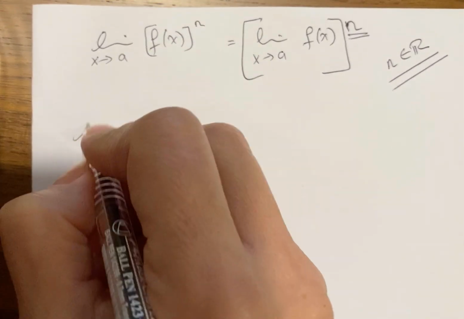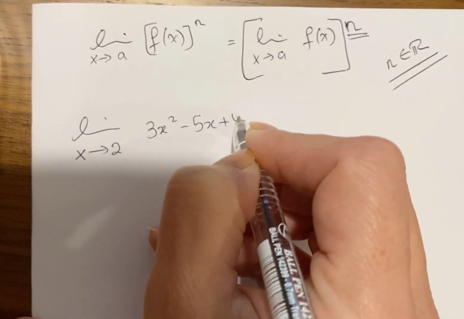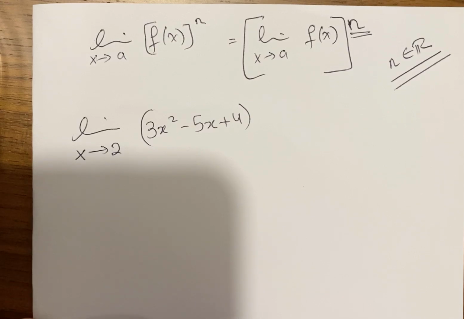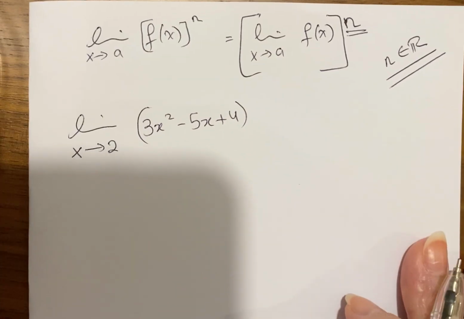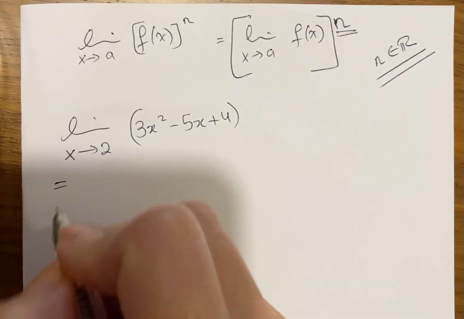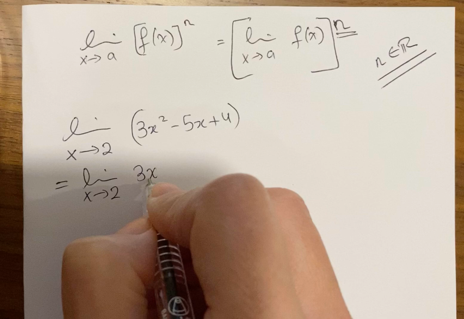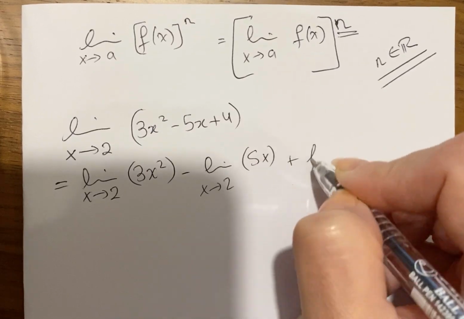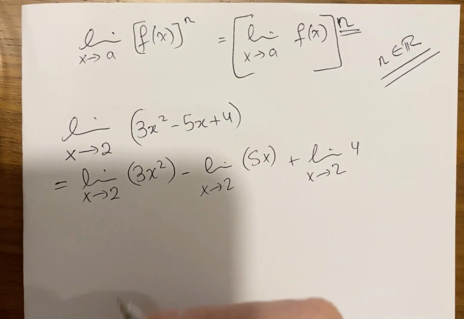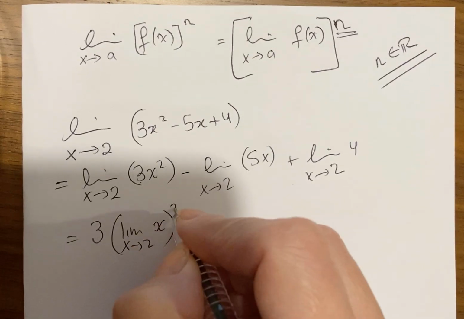Now, saying this, I can now look at such functions. It becomes more complicated, because now I have the limit as x approaches 2 of 3x squared minus 5x plus 4. According to my algebraic rules, the ones that I did, I should do 3x squared alone, minus 5x alone, plus 4 alone. Now, 3 is a constant. The limit as x approaches 2 of x squared, I do the limit of x, then I square.